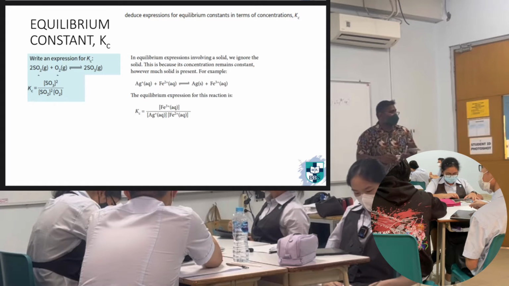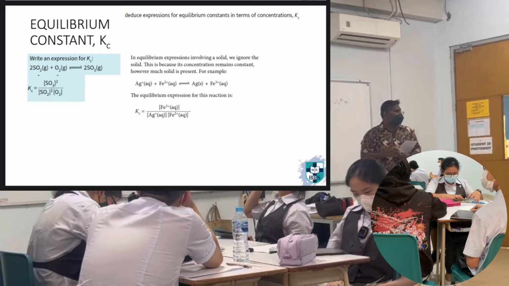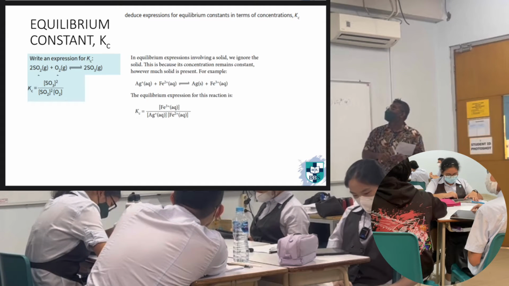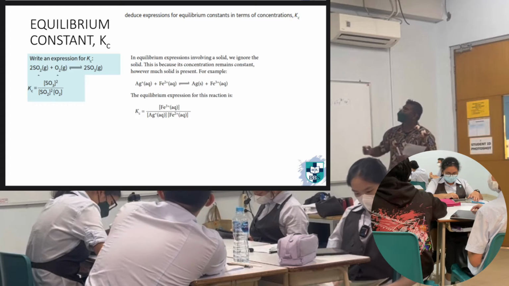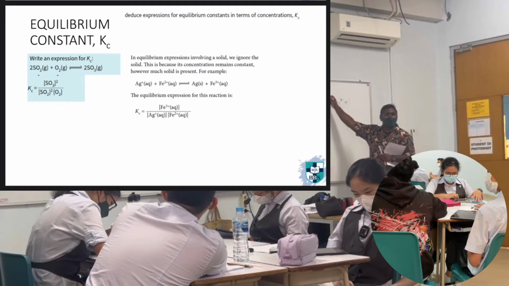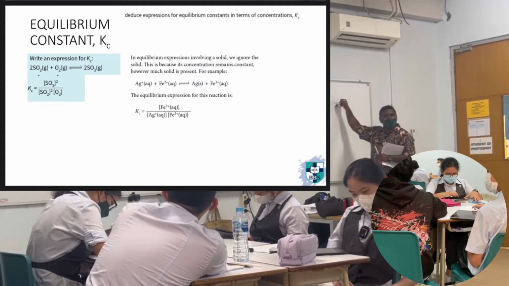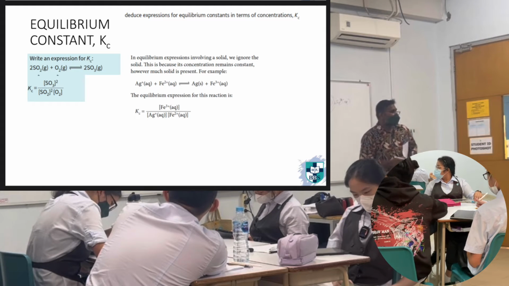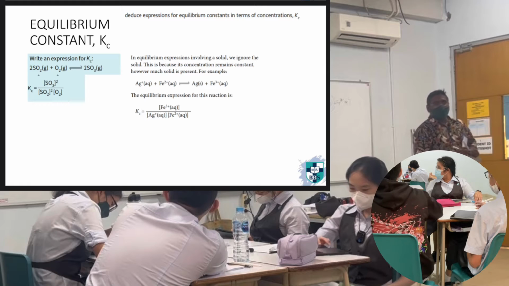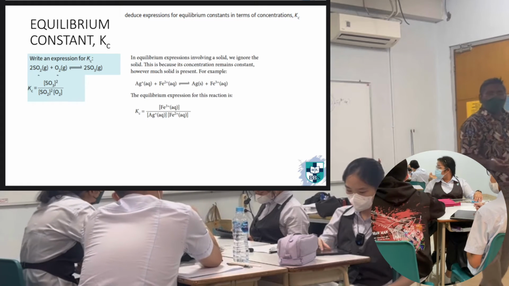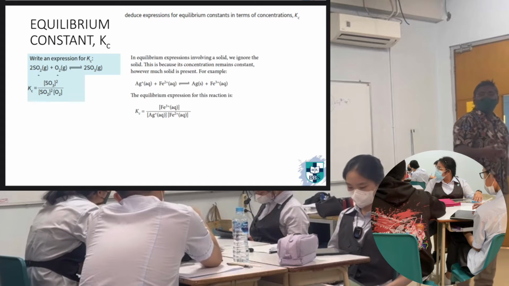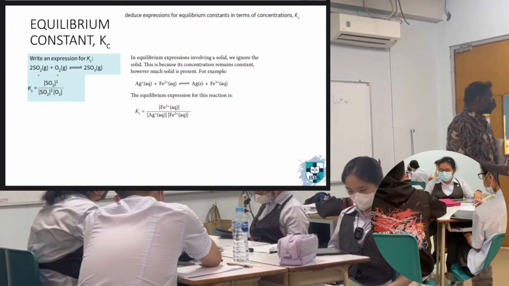Can you identify which one is missing? Haruto? This one is missing, right? Why is it missing? Because solid is not counted in. Why is solid not counted in? Because for a solid, the concentration is always constant.